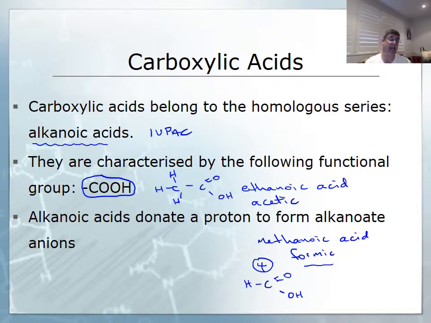Now, these being acids, they will fall into our Bronsted-Lowry definition, and therefore they can lose a hydrogen, a proton. There we are. There's the proton that disappears. Now, if that disappears, what we end up with is a COO minus group. So if we lose an H+, we're going to go down by a hydrogen, but we're also going to go down by a charge. And because this is neutral, this has to have a charge of -1.